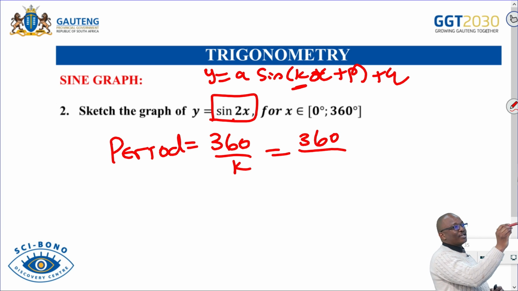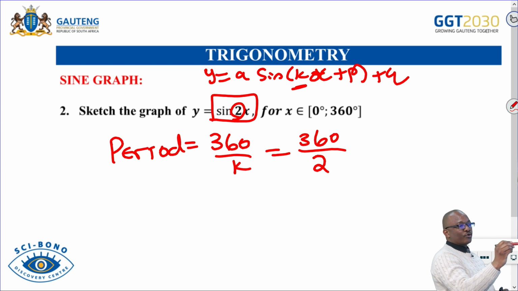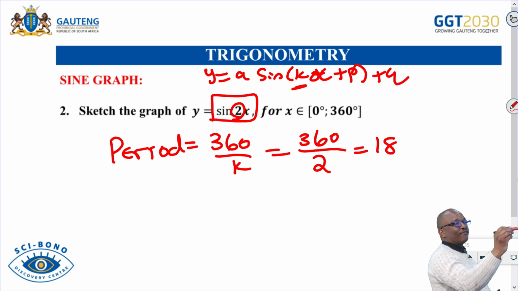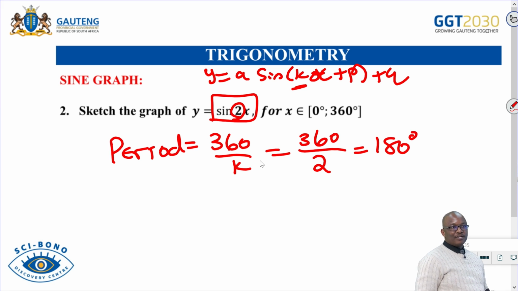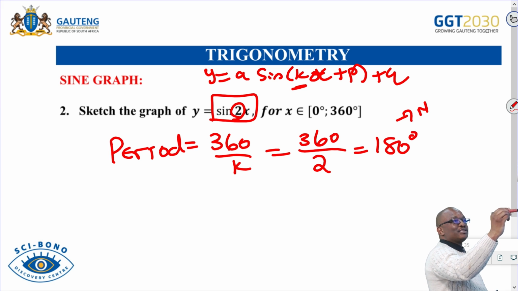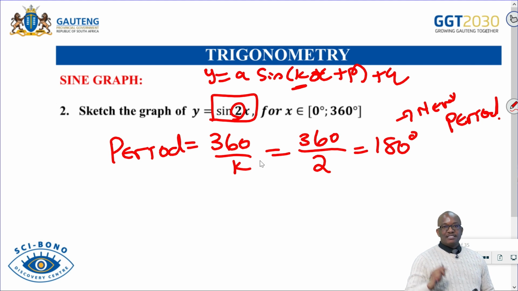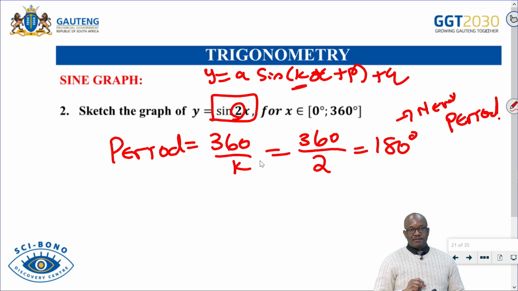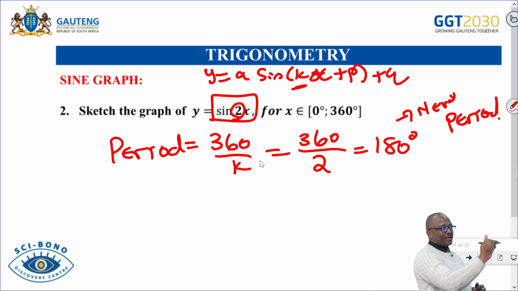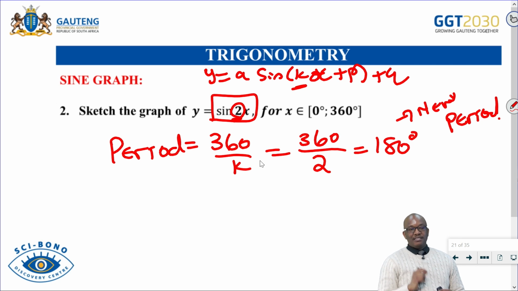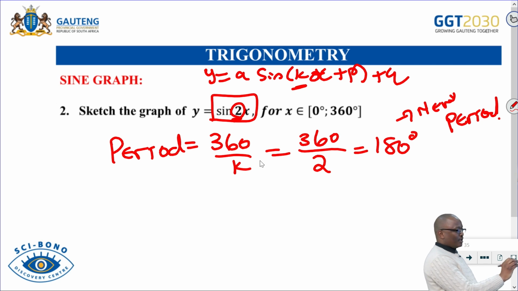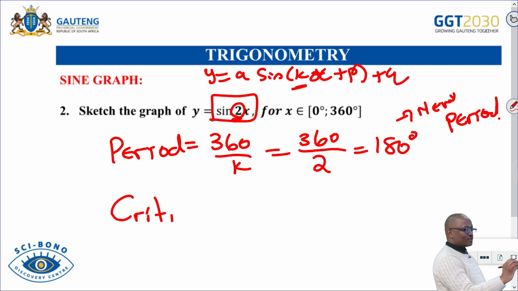The value in front of x in this case is 2. So we're going to divide by 2, then we're going to have 180. So 180 now is our period for that graph. So you can see that k affects the period.